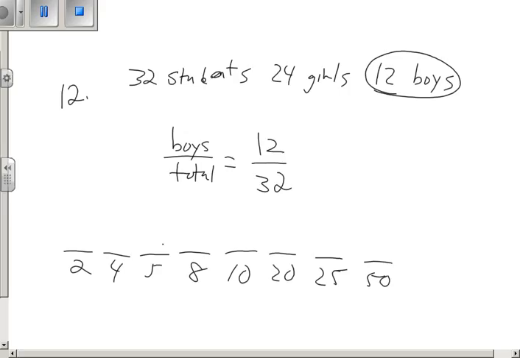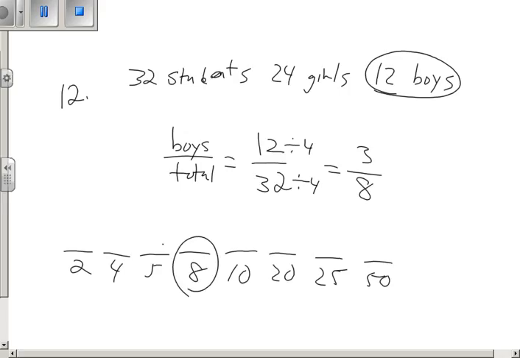So I'm looking at this, and I see that both of these have 4 as a factor. So I'm going to divide top and bottom by 4. And I know that 12 divided by 4 is 3, and 32 divided by 4 is 8.